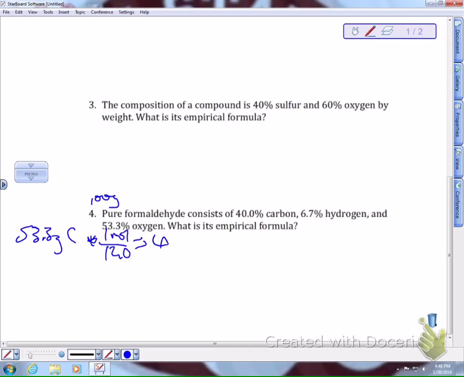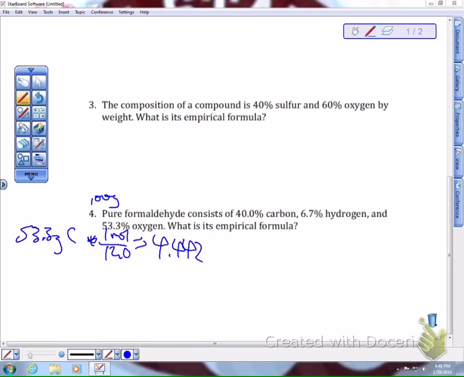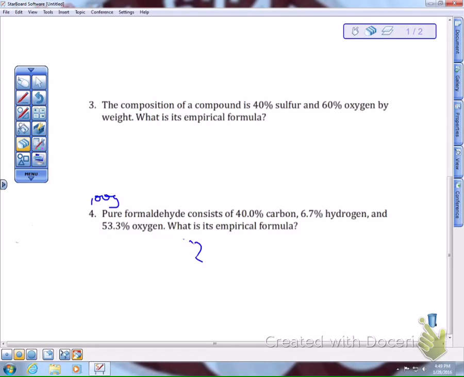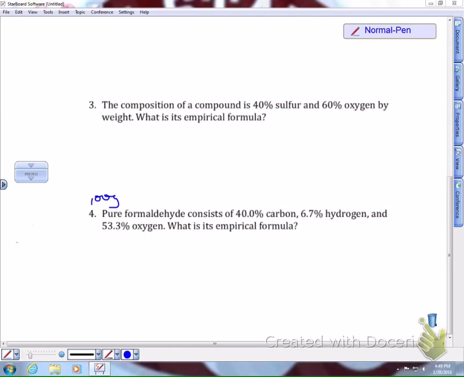Alright, let's try that again. Alright. So carbon was not 53.3, carbon was 40 grams. Alright, let's do this where it makes sense now.